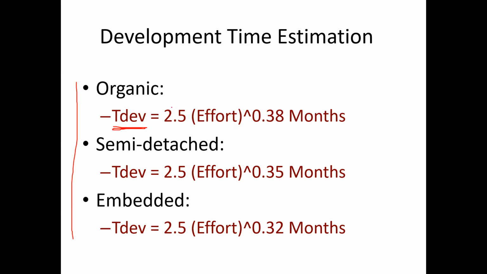Now see, 2.5 into effort to the power 0.38 months. Here it is months, that means how many months you need to finish that particular software.